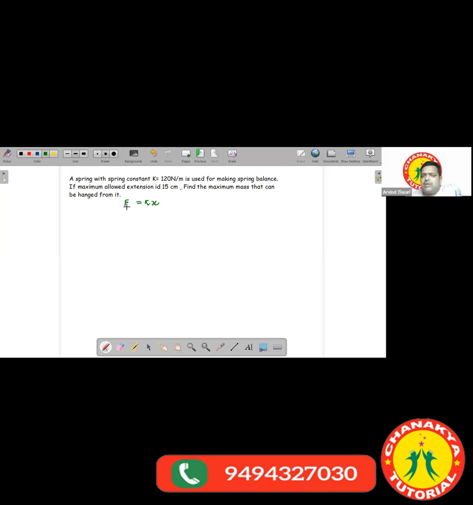We obtain the value of F. So F should be equal to mg. For simplicity, let's take the value of g to be 10. So we write mg equals k times x, that's 1200 multiply 15 centimeter, that is 0.15.